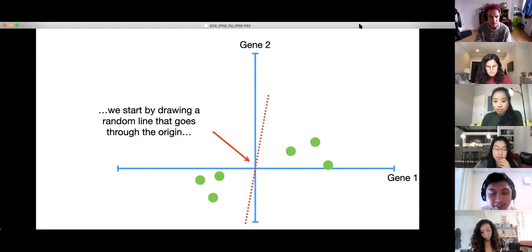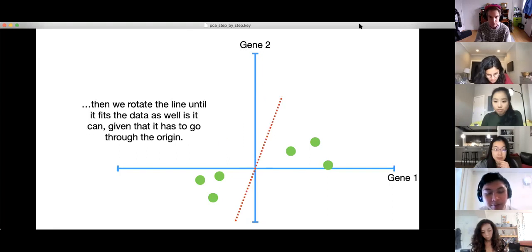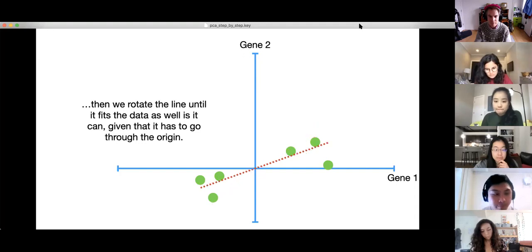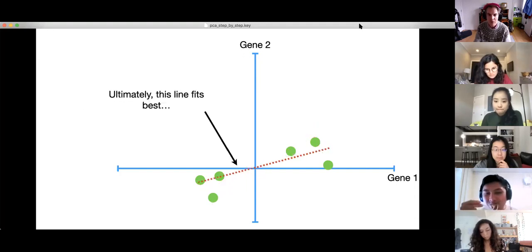To do this, we start by drawing a random line that goes through the origin. Then we rotate the line until it fits the data as well as it can, given that it has to go through the origin. Ultimately, this line fits best.